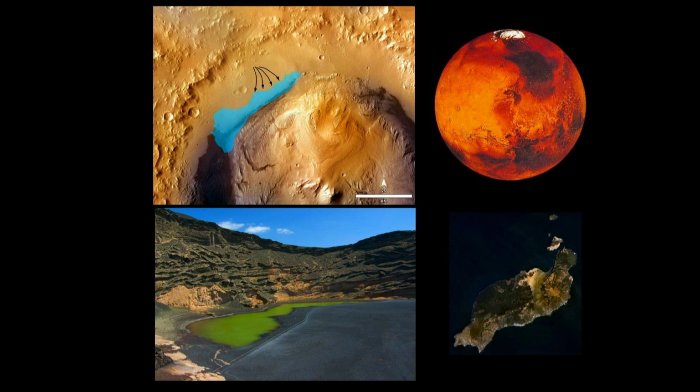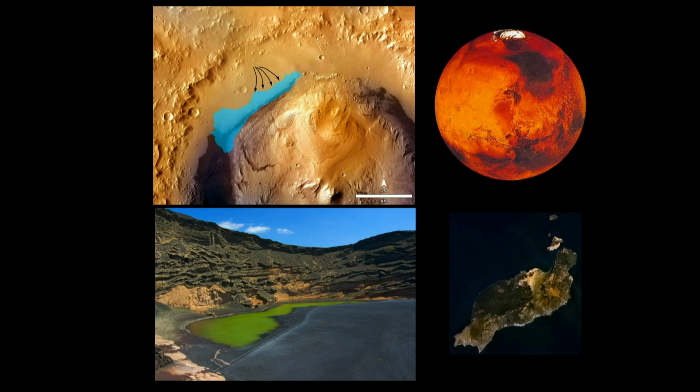Some peculiar and extremophilic lakes. This is the interpretation of a lake close to the mountain, to Mount Sharp in the Gale crater on Mars. And this is the Green Lake in Lanzarote. It's a very extremophilic lake, very strange conditions.